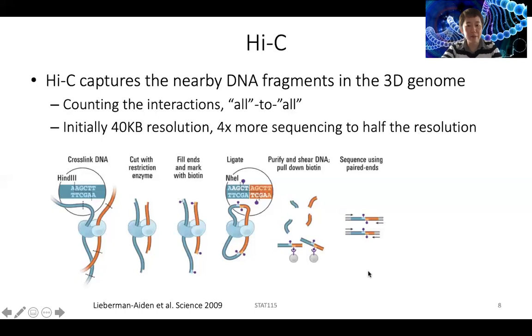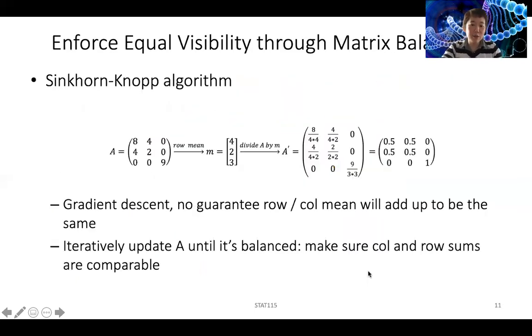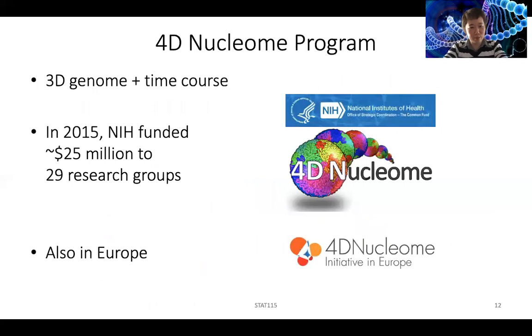Okay, thank you. Yeah, so this type of experiment is very powerful, and so many scientists in the world started doing these chromatin interaction maps now. And there is also an international consortium called the 4D nucleome program.